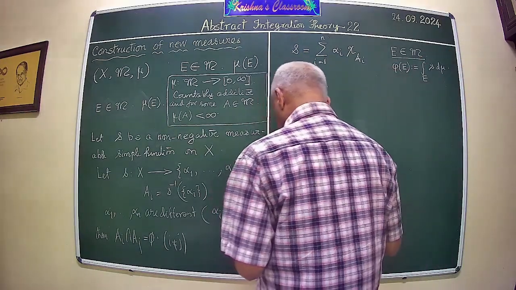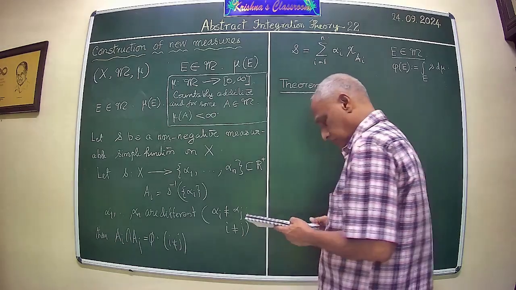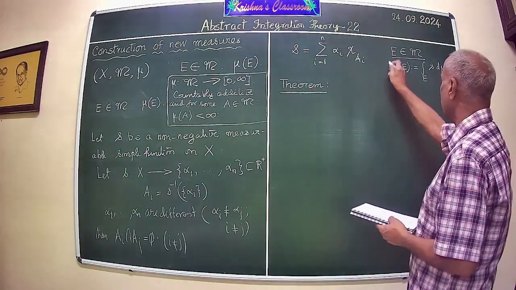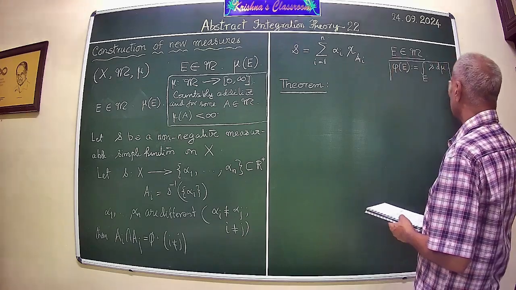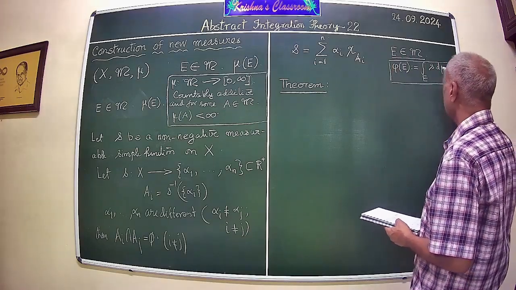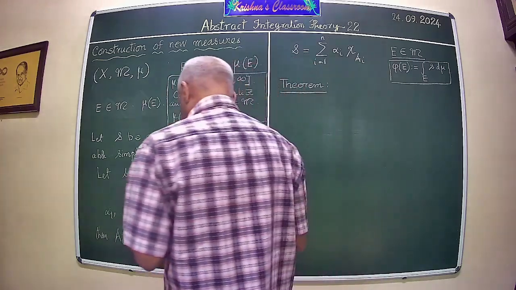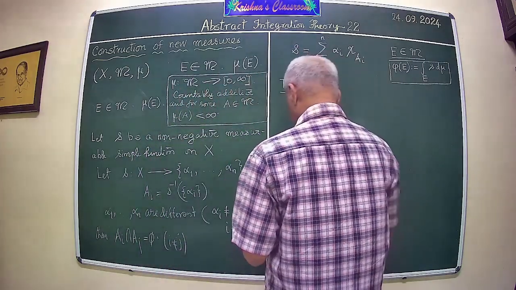We shall see what exactly it is, we'll work it out. The theorem says that this particular phi defines a new measure on the sigma algebra.